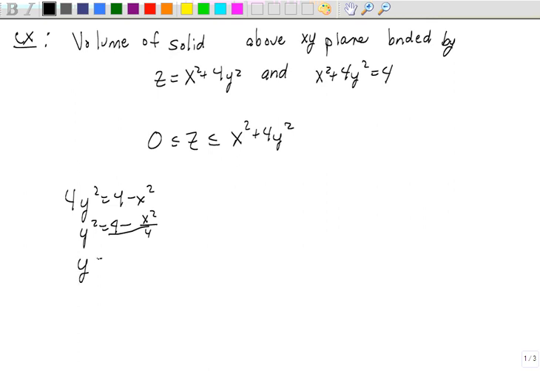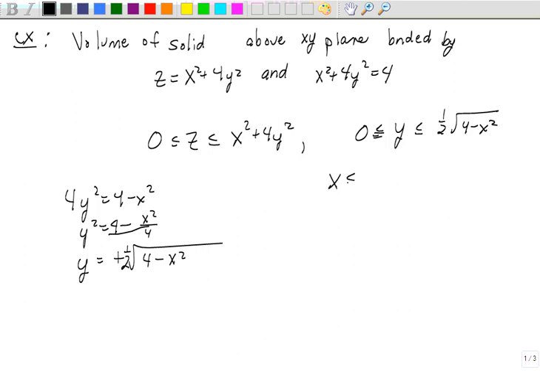And then y is, again, positive because it's above the xy plane. So that'll be 4 minus x squared times a half. So y is going to be between that and 0. And our x is going to be between 2 and 0.